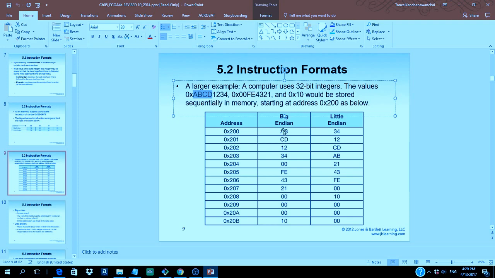It's going to be AB and then skip to the next available and then do CD. And the big endian, or no. But for little endian, if I say, okay, CD here, then just find the next one and do AB, right?